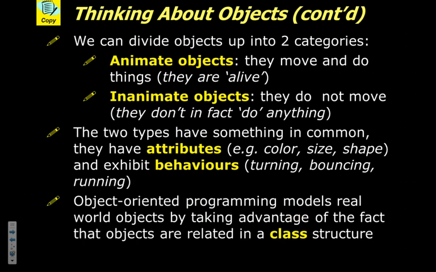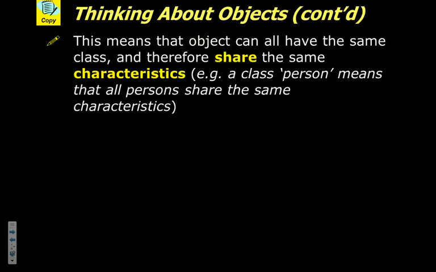Object-oriented programming takes advantage of this by using this natural ability we have to classify things and turning it into real code. Now, when we create a class, like I showed you with the class cat, all objects of that class will share the same characteristics. So in other words, if I make a class called cat and then I make 5 different cats from that class, they'll all share those similar characteristics.